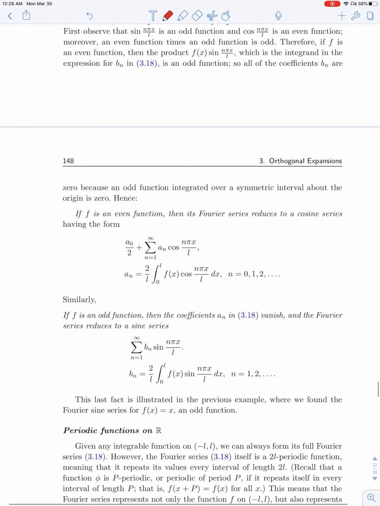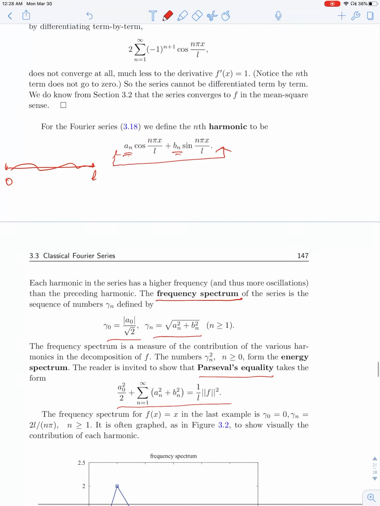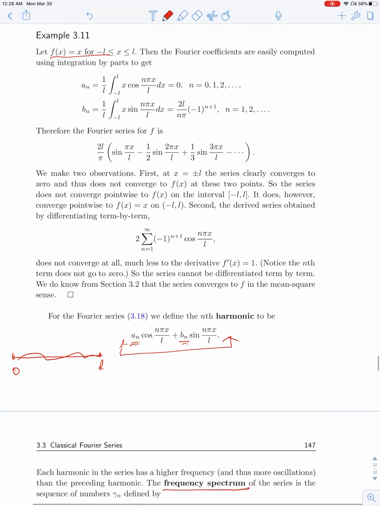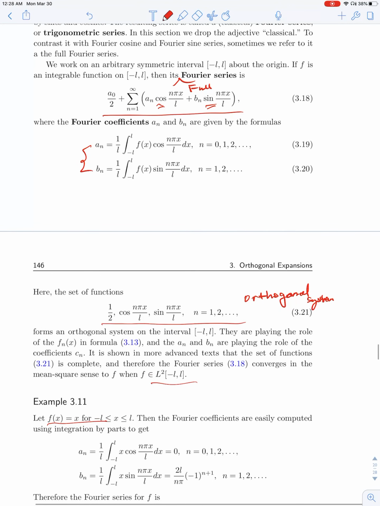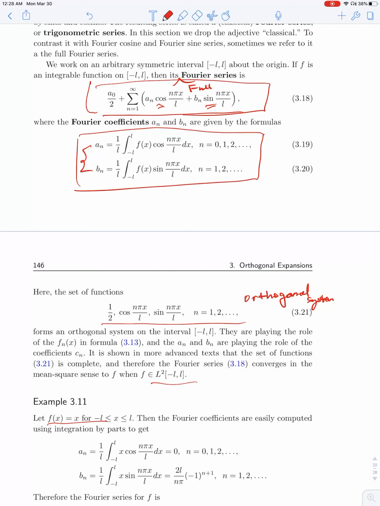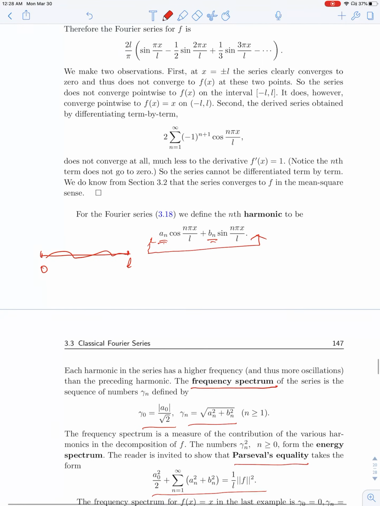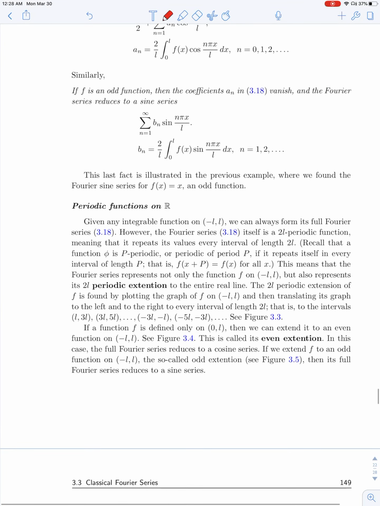Essentially, what you need to know is to understand these formulas, how we got them, and how we compute the Fourier coefficients using them. So this is the definition of the Fourier series, and the coefficients are computed by these two formulas, and we will explain how we arrive at them.